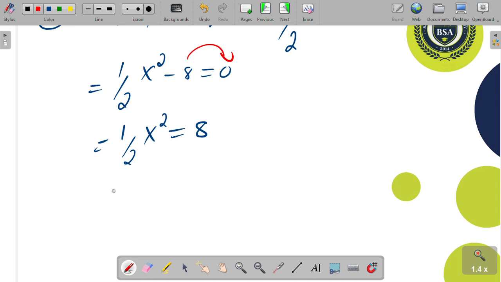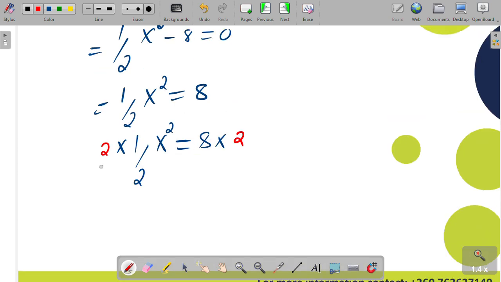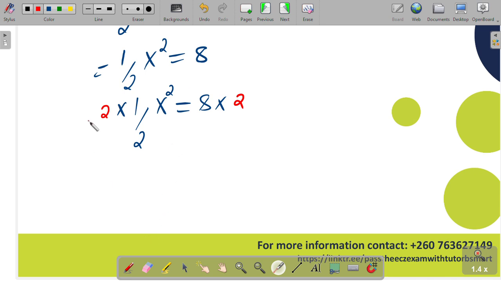Let me just write the 2 so that you see what is happening. 2 multiplied by 1/2 x², equals 8 times 2 there. We can actually use division, or multiply 2 by 1 so that we divide by 2. Let me just do the traditional, simple, straightforward one.